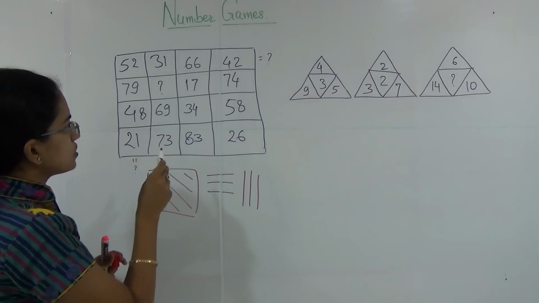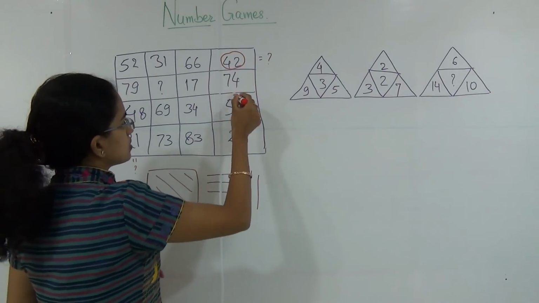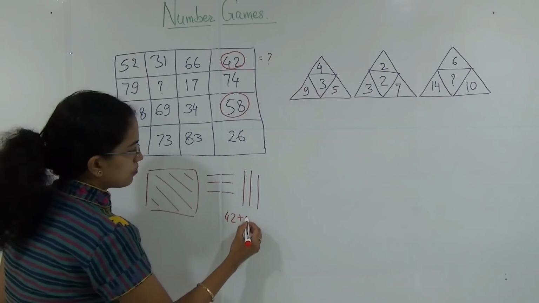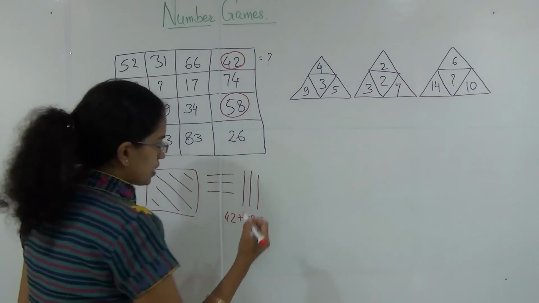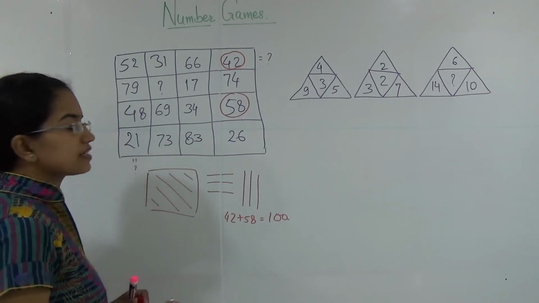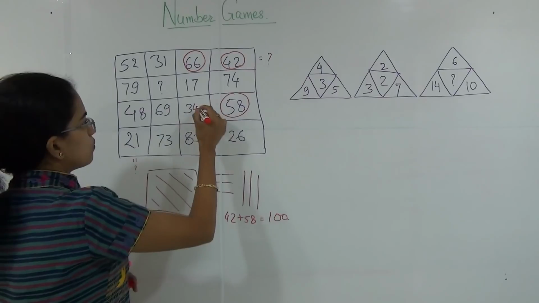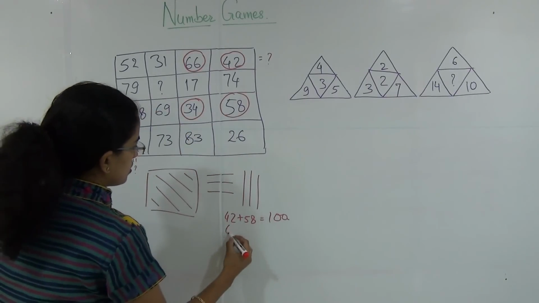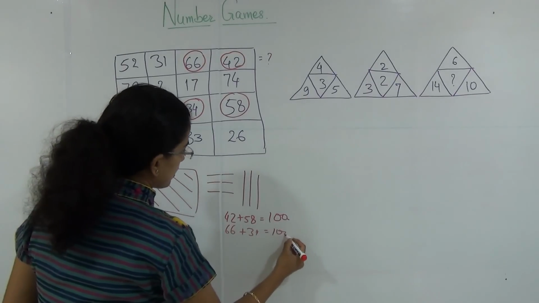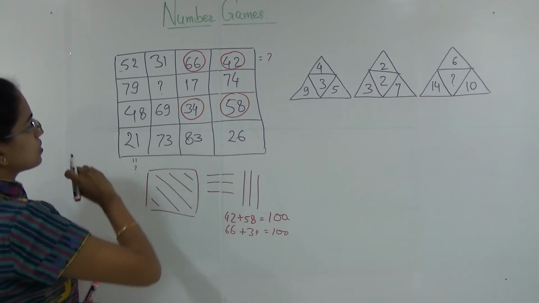Now if I look at this question and try to add these two numbers, let me add 42 plus 58, so that would be 100. Interesting figure. Now let's do the same for these two numbers. So 66 plus 34 would again be 100. That means there is some kind of common relationship between these two numbers.